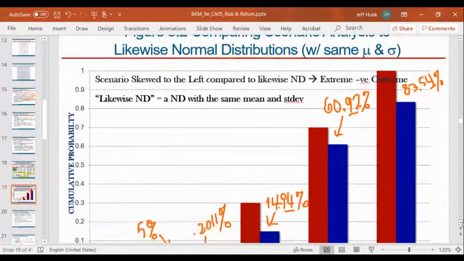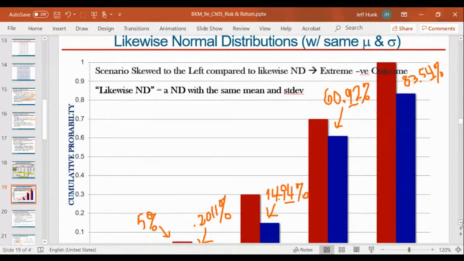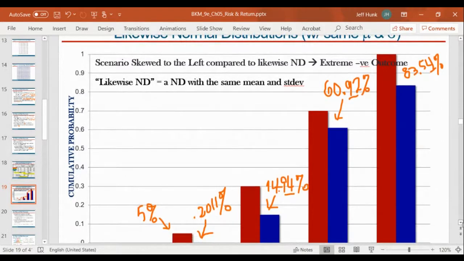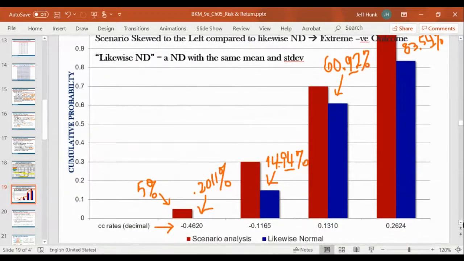So comparing our scenario return and probabilities of our scenario and our likewise normal distribution. The red ones are the cumulative probabilities of our scenario, right? And then using continuously compounded returns, right?